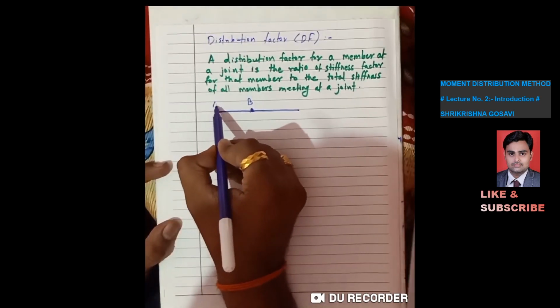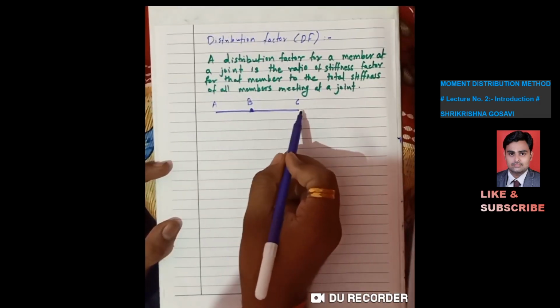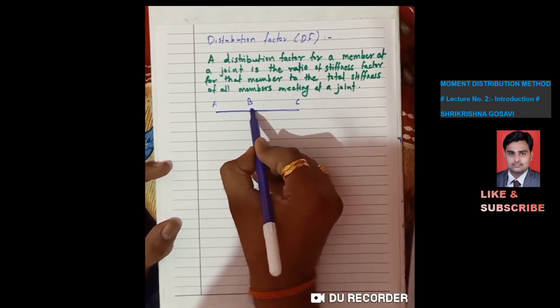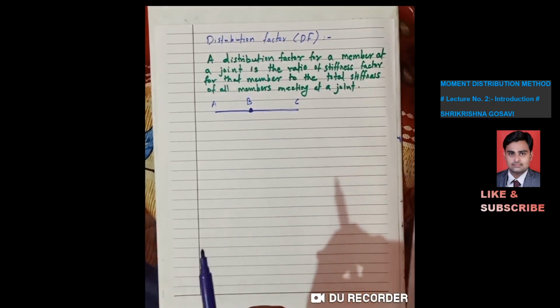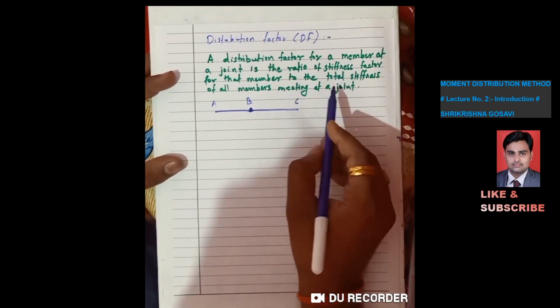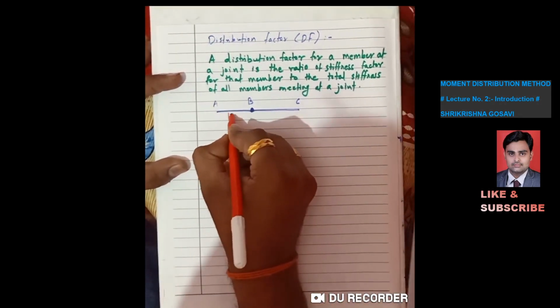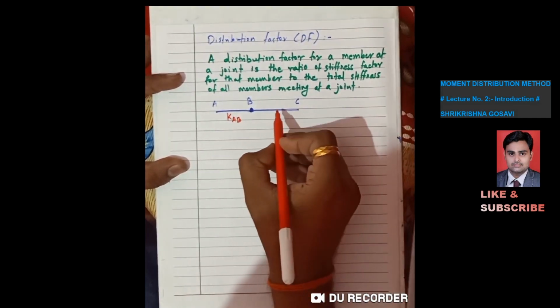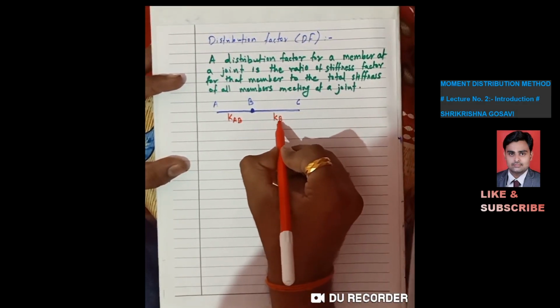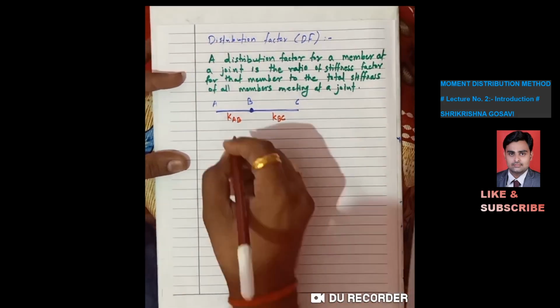Suppose this is point A and this is point C. So member AB and member BC are meeting at point B. The stiffness of member AB is KAB and the stiffness of member BC is KBC.